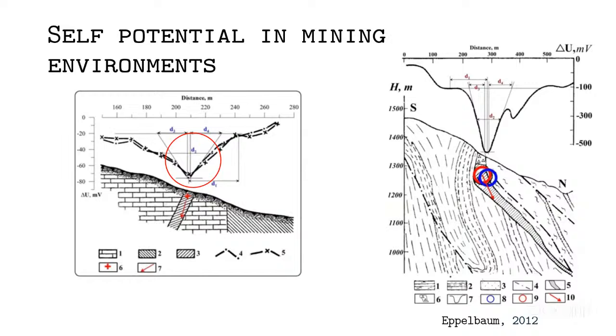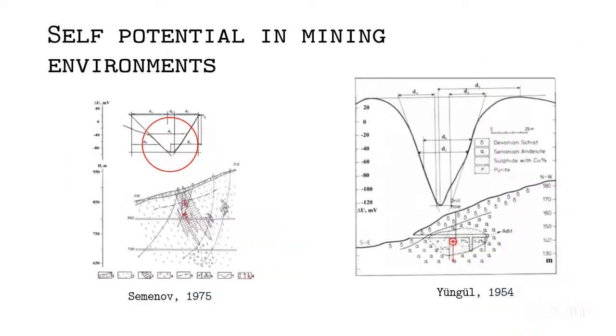The response of the self-potential to a conductive body is a negative maximum of the signal. One of the experimental characteristics is large amplitude anomalies, minus 100 to minus 1000 millivolts, stable over time.